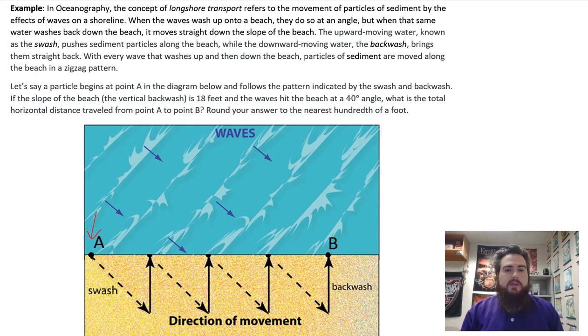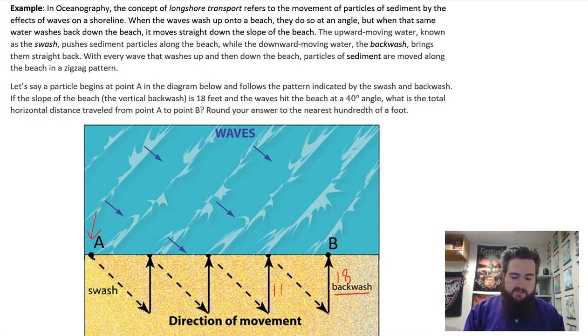If the slope of the beach, the vertical backwash, is 18 feet, and the waves hit the beach at a 40-degree angle, we're going to find what is the total horizontal distance traveled from point A to point B. So that means that we have the vertical backwash, that's a vertical line here, that is 18 feet.